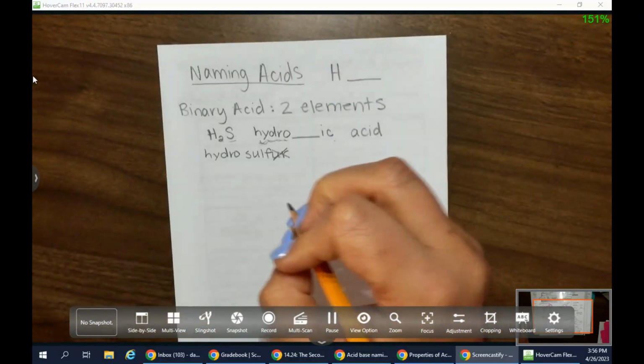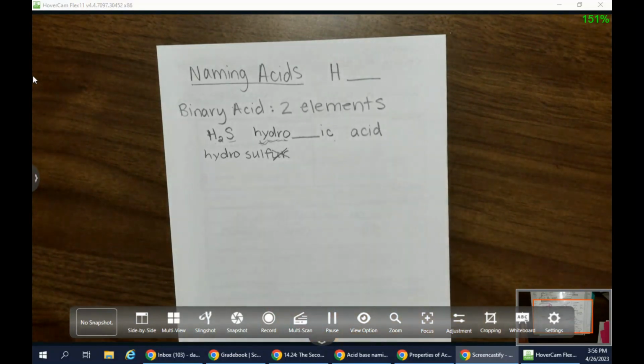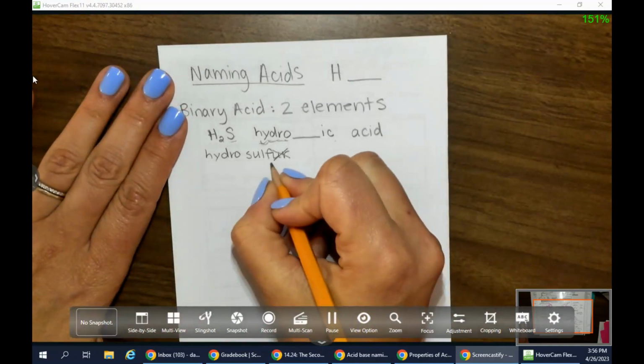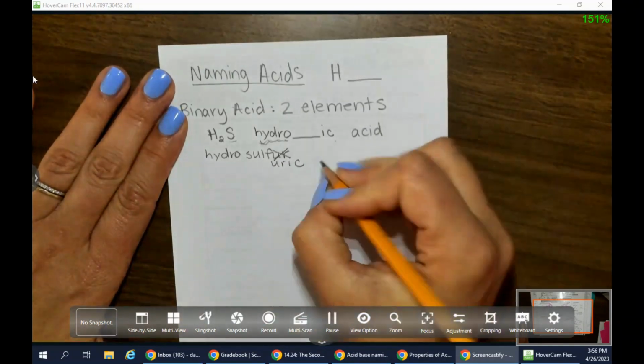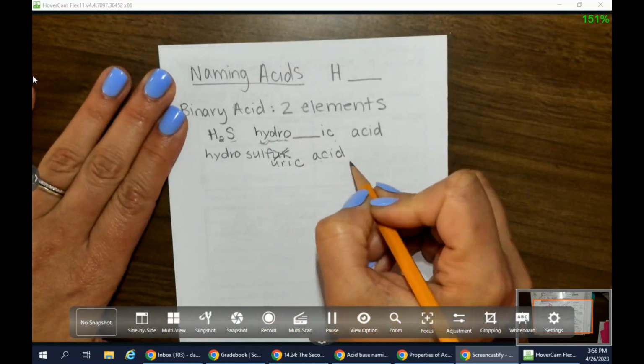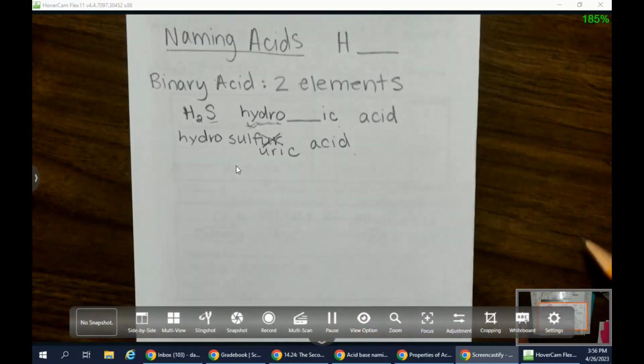It's one of the weirdos. You guys remember when we had like phosphoric and phosphic, where you don't chop off everything, but usually you do? Yeah, it's one of those. So you have sulfuric acid. Hydrosulfuric acid is the name for H2S.